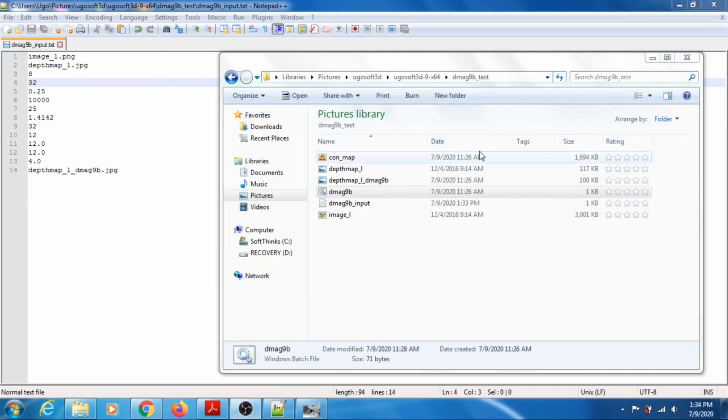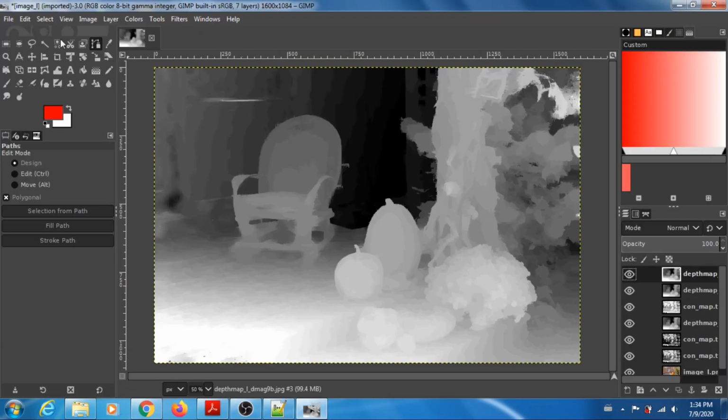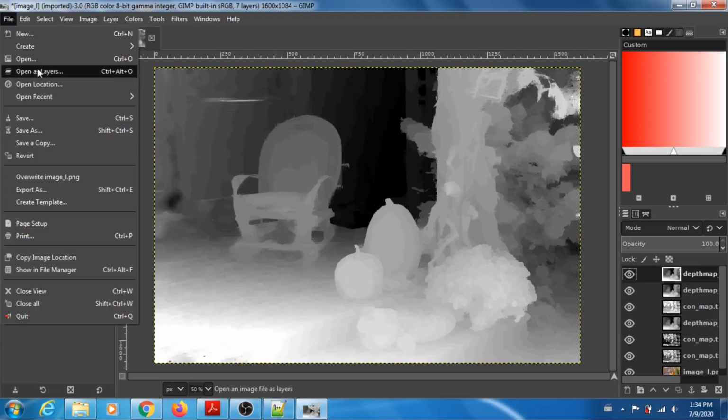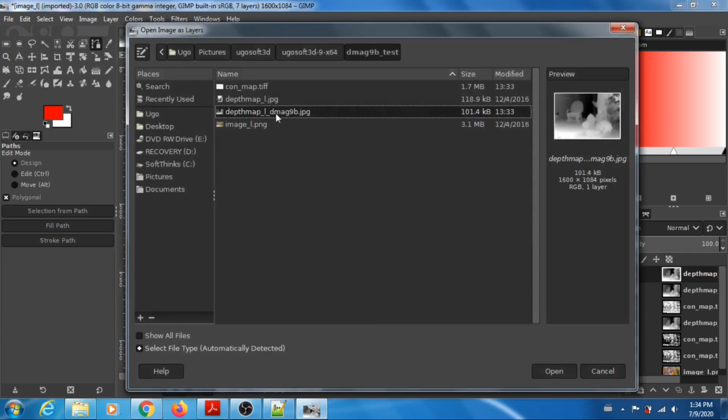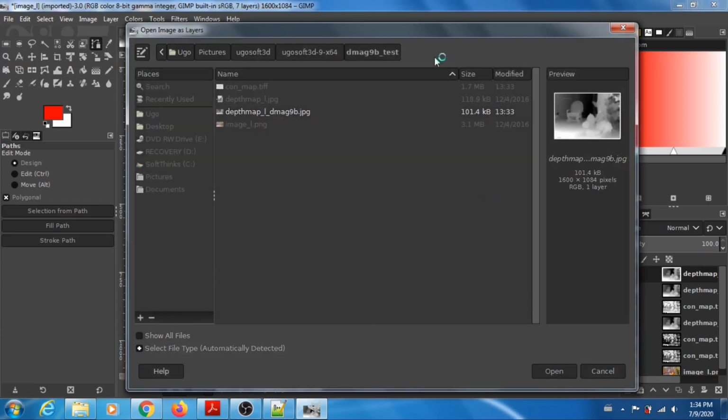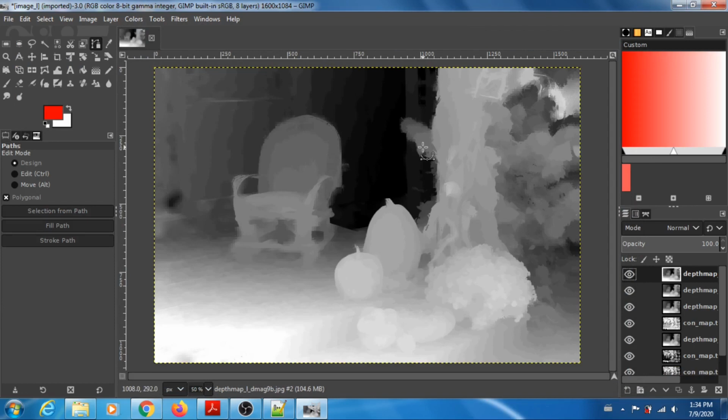Okay, so it's just finished. So let's load up the new depth map. Okay, so this is with the sample rate for the color at 8.